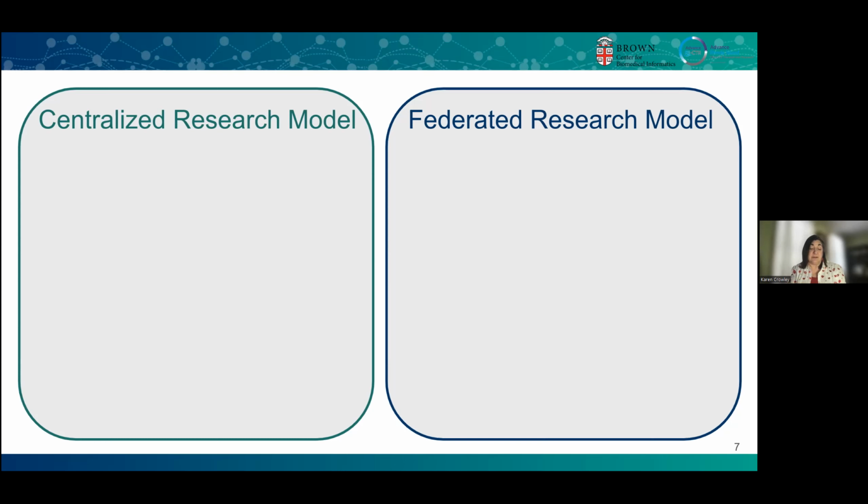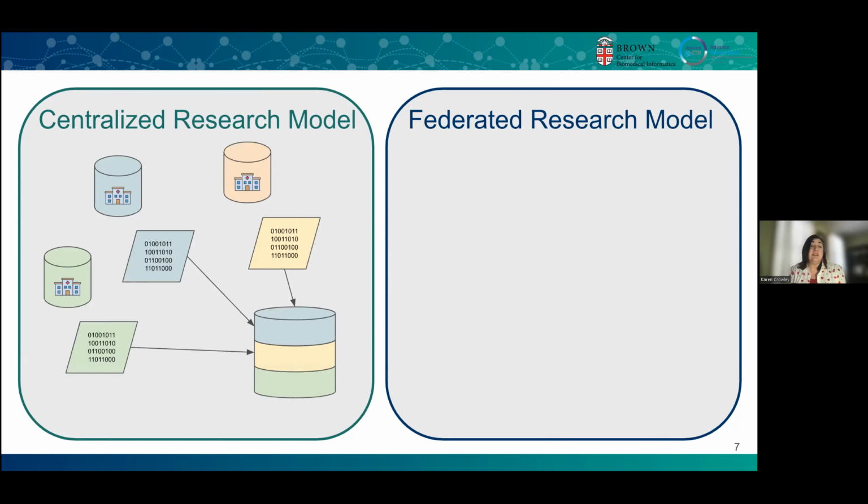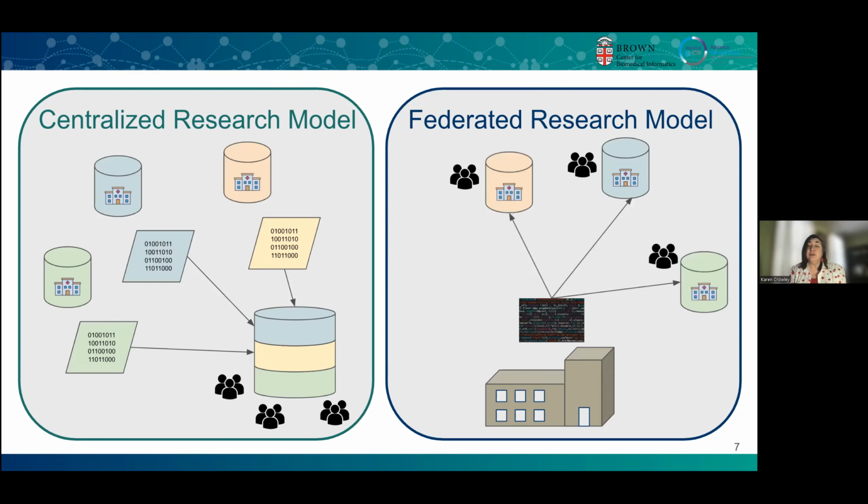In the centralized model, organizations with health data contribute that data to a secure central repository, and researchers can obtain access and conduct their research within that environment. In the federated research model, one or more research institutions will develop a computerized research protocol and share that protocol with researchers at other institutions, who then will run that protocol and share the results back. And then the results are statistically combined to produce a final result.